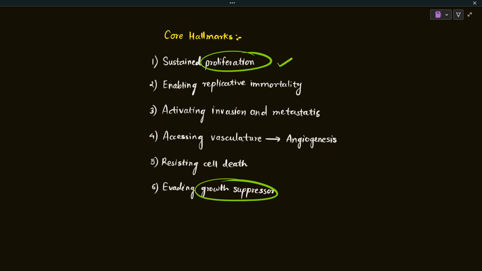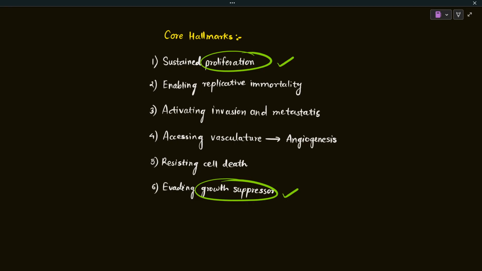They have the continuous proliferating signal for continuous uncontrollable growth, and they also evade growth suppressors. They block all of the growth-inhibiting signals so that they can proliferate. So this is also an important hallmark of cancer. Those are the core hallmarks of cancer that we discussed here.